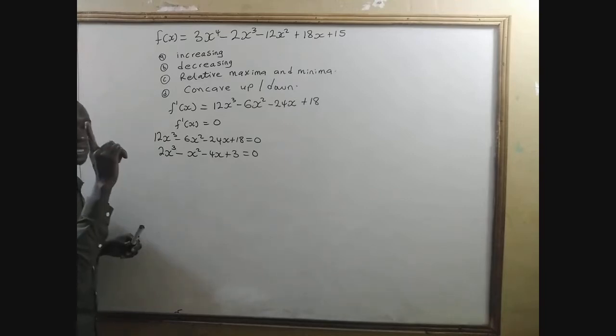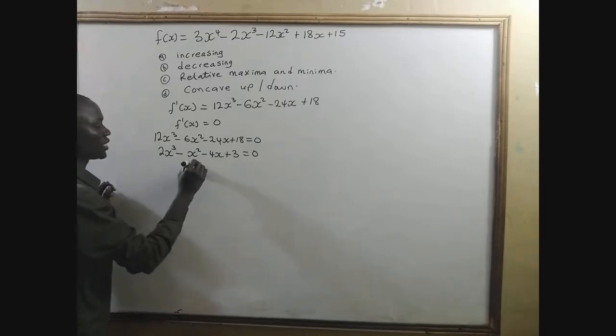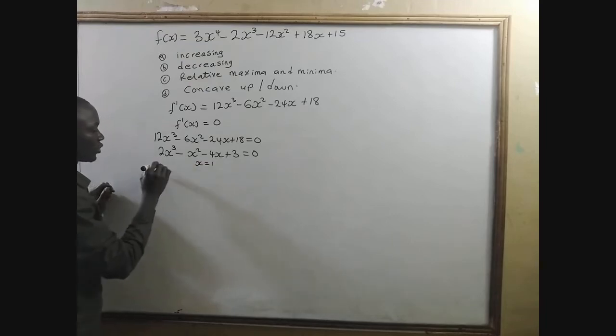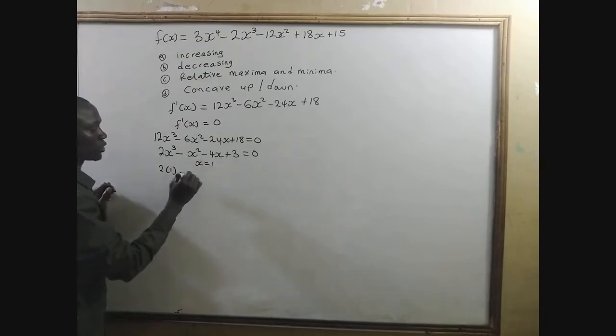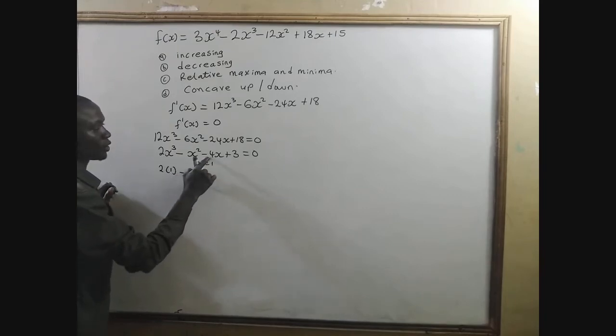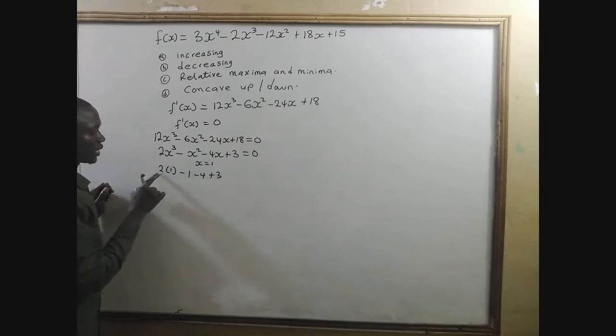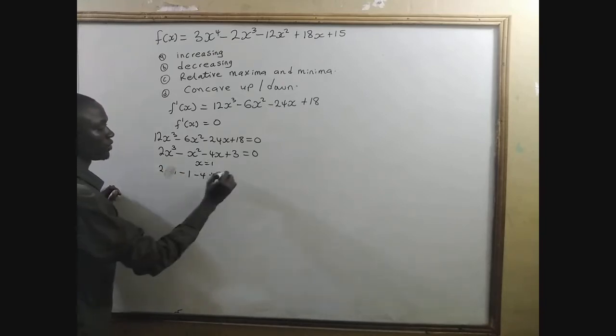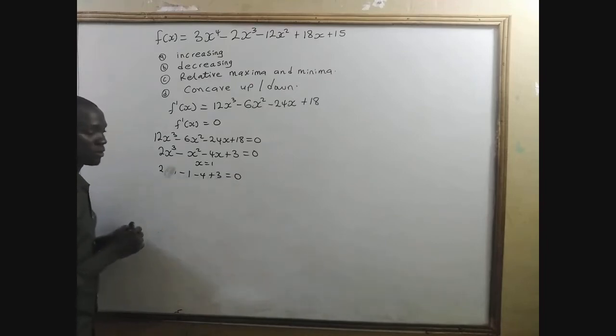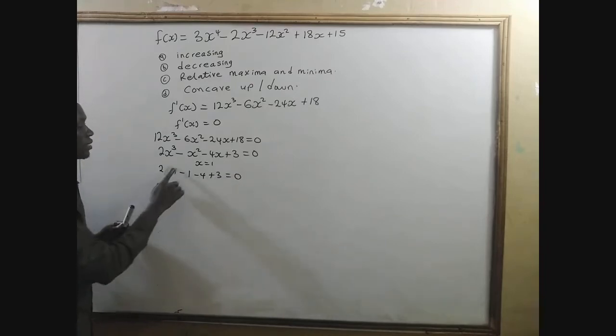Now let's put in positive 1. If we put in x equal to 1, we're going to have 2 times 1 cubed is 2, minus 1 squared is 1, minus 4 times 1 is minus 4, plus 3. So this will give us 0. Very simple as that.